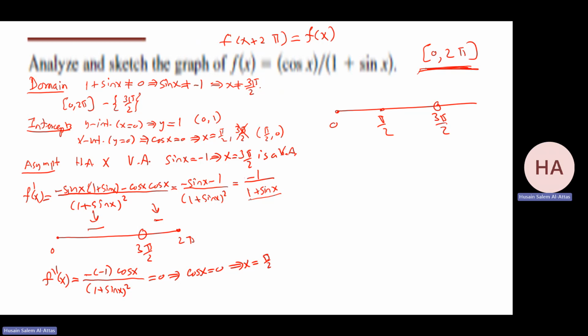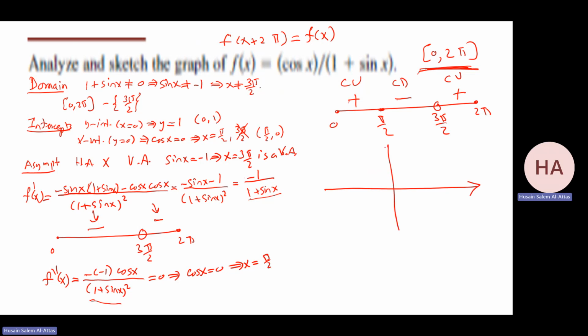This is open. This is closed. This is 2 pi. Okay, this is closed. I'm concerned about cosine. That will be positive, that will be negative, that will be positive. So this will be concave up, concave down, concave up. Actually, it's all the way negative, all the way decreasing. So no need to deal with that.